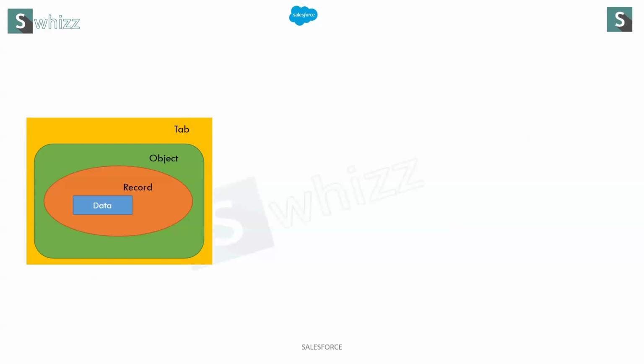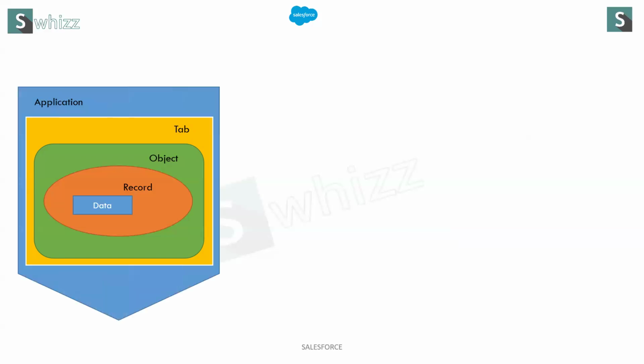So lead is nothing but a tab. Whenever you click on the tab, you will get a New button. When you click on that New button, it will ask us to create a record, right? So from where do you access this tab? From the application.